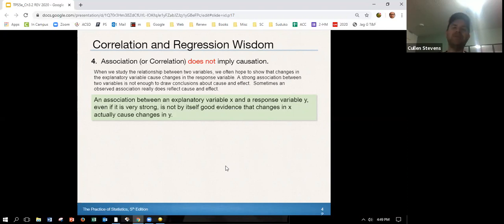So sometimes an observed association really doesn't reflect cause and effect. An association between explanatory variable X and response variable Y, even if it's very strong, is not itself good evidence that changes in X actually cause changes in Y. Remember, we've talked about in class how when we have a fire, we would say that when there's more firemen showing up, there's more property damage.